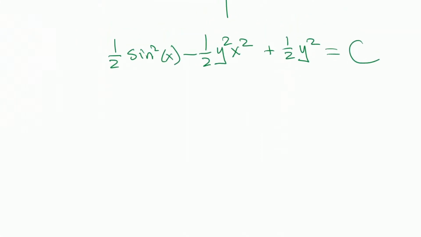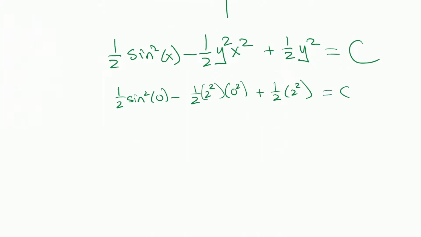x equals 0, y equals 2. So that's 1/2 sine squared of 0 minus 1/2 times 2 squared times 0 squared plus 1/2 times 2 squared. All of that equals c. So here's what I mean by there's almost no work to be done. You remember how sometimes you have to do some algebra and a little bit of moving around?